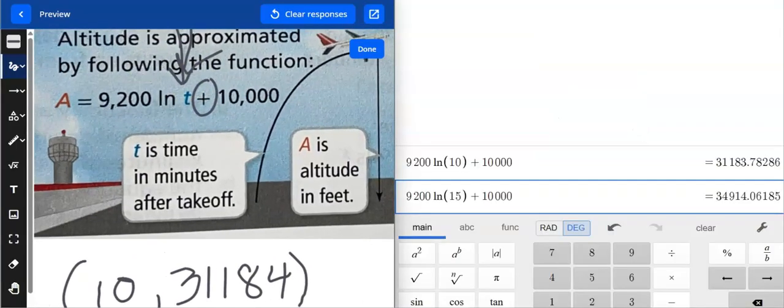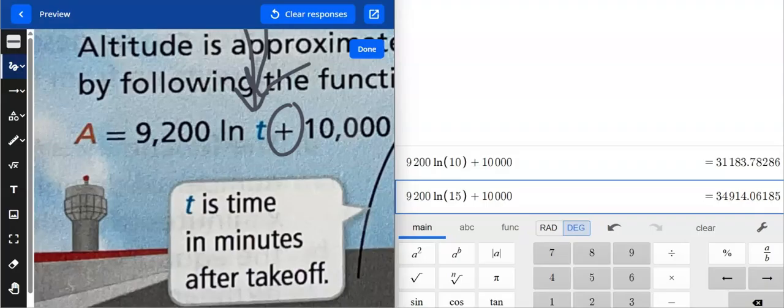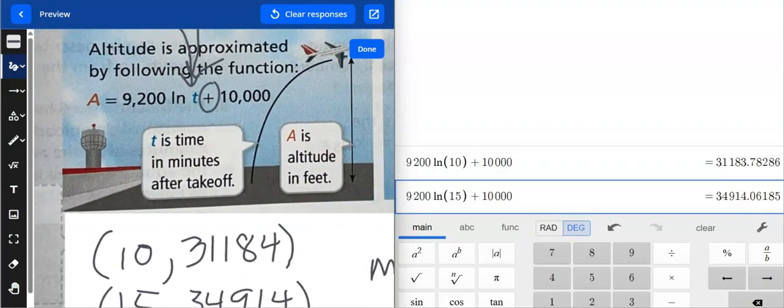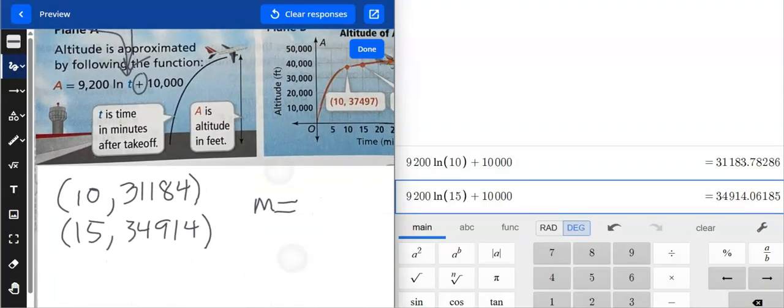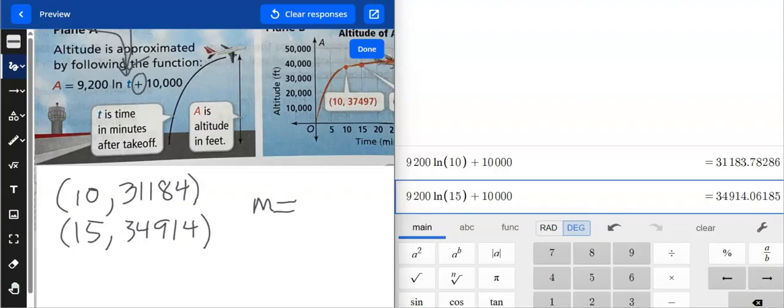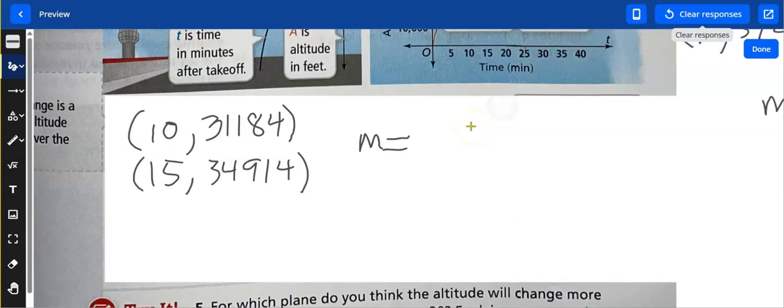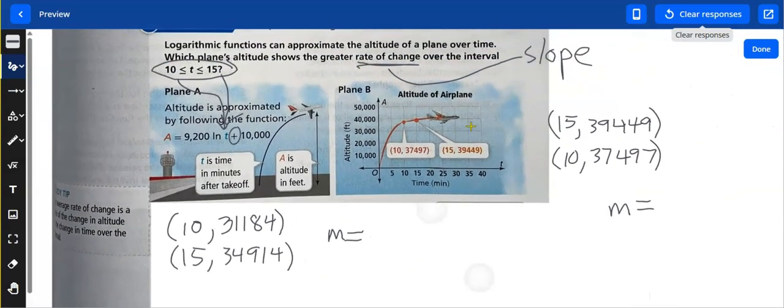And we saw a problem right here. It is a plus sign. It looks like a minus on the photocopies, but it is a plus. When we type those in, we got these values. So when we start this problem tomorrow from this spot, we will be finding the slopes. Section 6.4, we had plane A, plane B. And we figured out the 10 and the 15 for plane A using the formula.